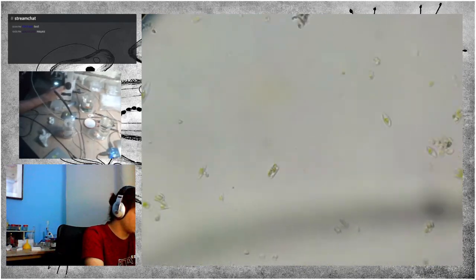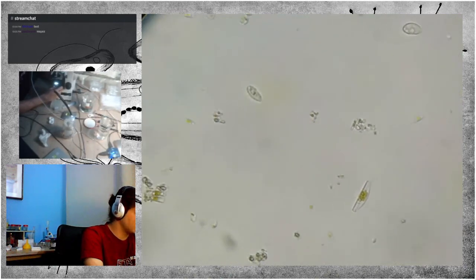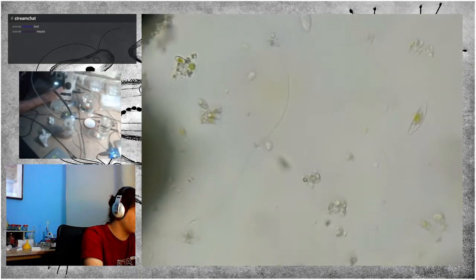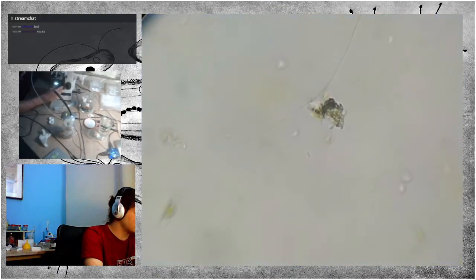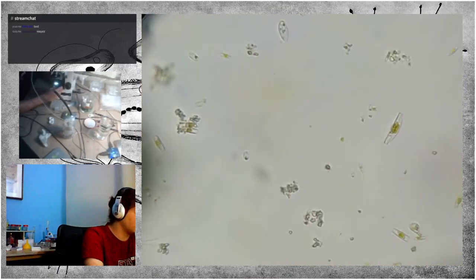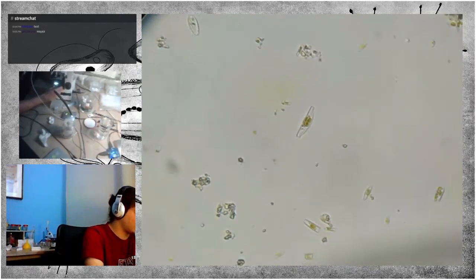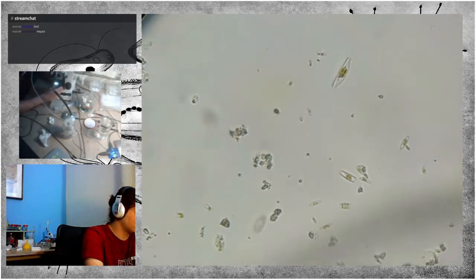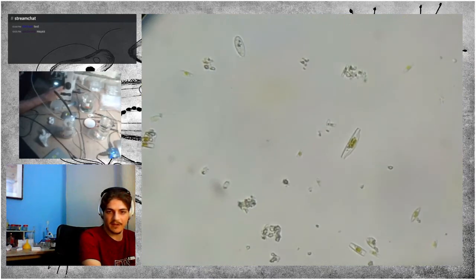Now, generally in most of the samples, it's very easy to find diatoms. Diatoms are literally everywhere in water ponds, and in most water samples you are going to find diatoms. There are loads of species, and you can see several of them here.